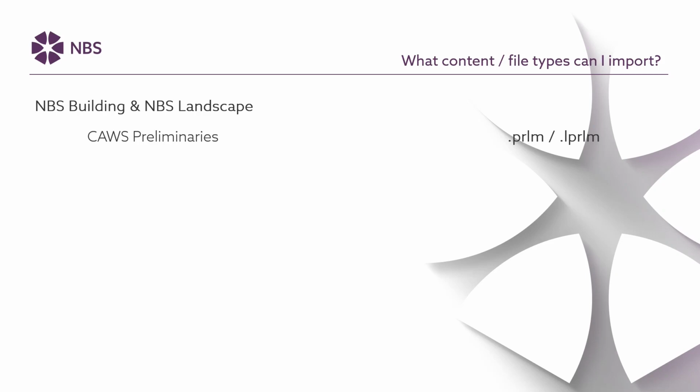From Building, this would be a .prlm file, and from Landscape, this would be a .lprlm file. You can also import CAWS Office Standard preliminaries. From Building, this would be a .stdprlm file. And from Landscape, this would be a .lstdprlm file.